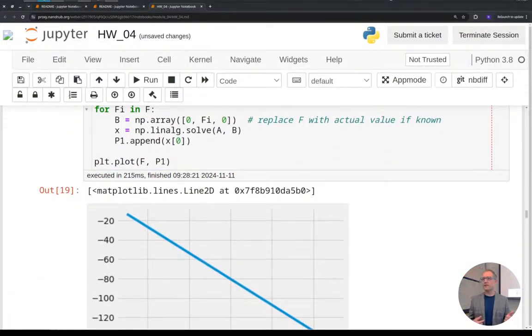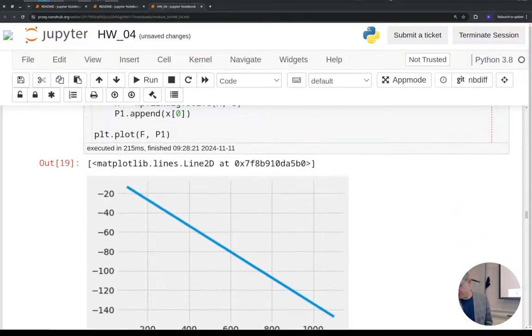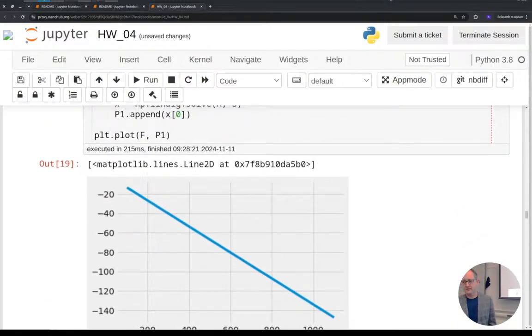And then I end up with that solution that I was looking for, where I'm just plugging in 100, 110, 120, one at a time.